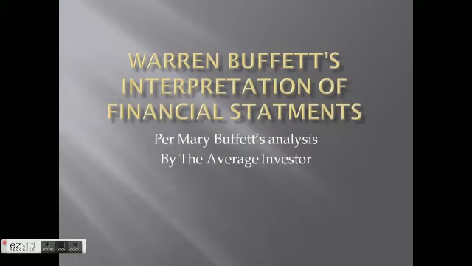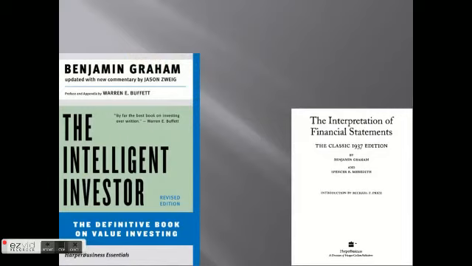So the book that I found was titled Warren Buffett's Interpretation of Financial Statements, and I found this book actually while I was reading The Intelligent Investor. And in The Intelligent Investor, there was a footnote regarding Benjamin Graham's work on interpretation of financial statements.